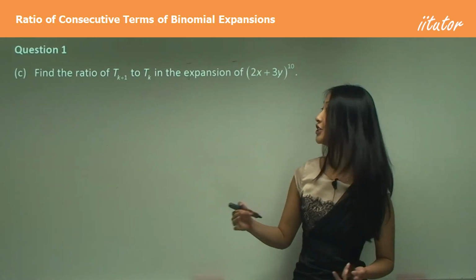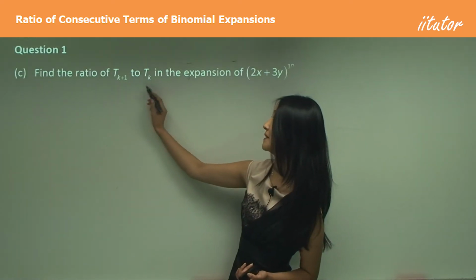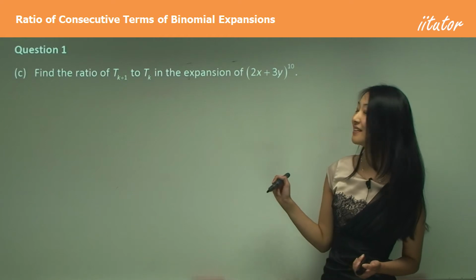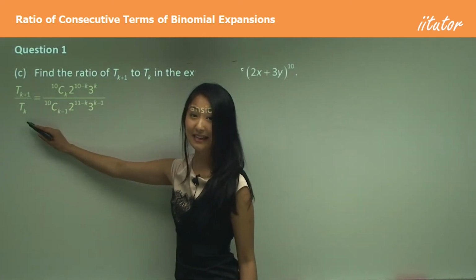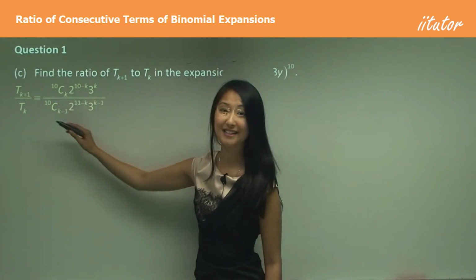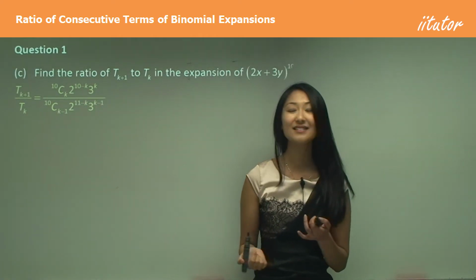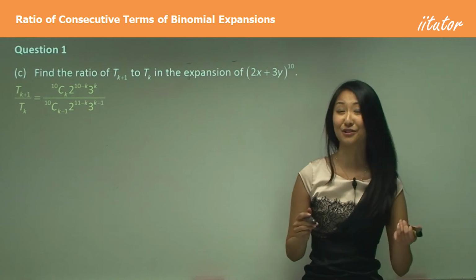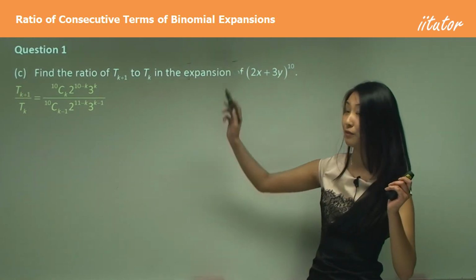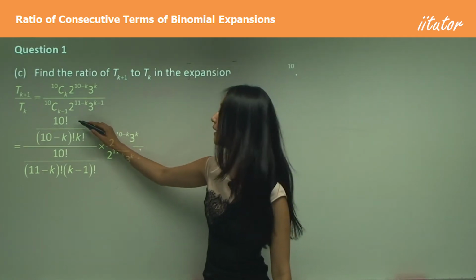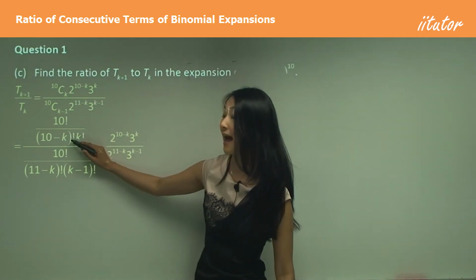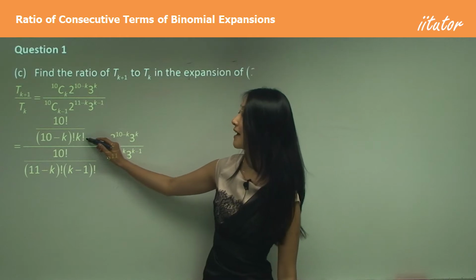Let's find the ratio of the term t k plus 1 and t k here. So remember how we do that is we put t k plus 1 on t k, and this is what we just worked out. And the first step was, exactly, we got to put it into factorial form, right? So factorial form for that is going to look like 10 factorial on 10 minus k factorial times k factorial.